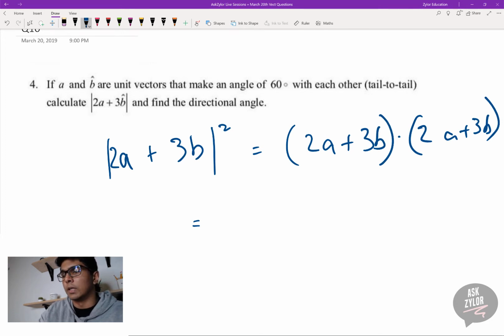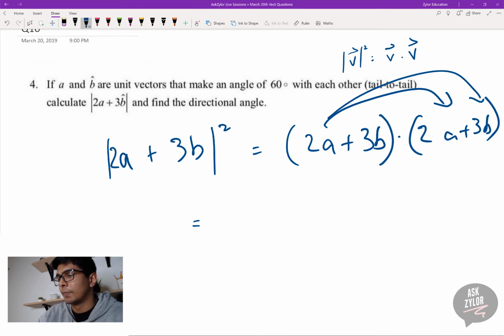I got this because I know if I just have the magnitude of a vector squared, it's going to be the vector times itself. So then all I'm going to do is distribute each of these terms.